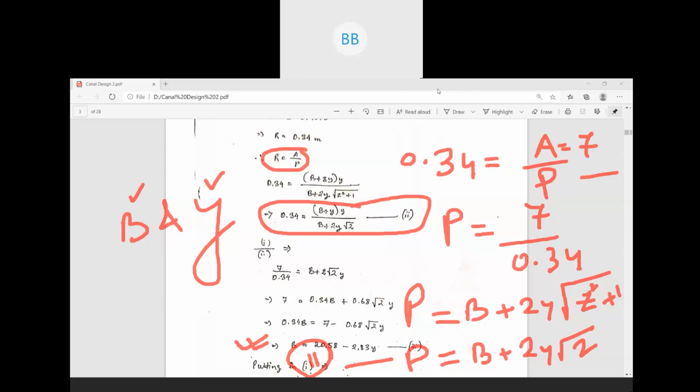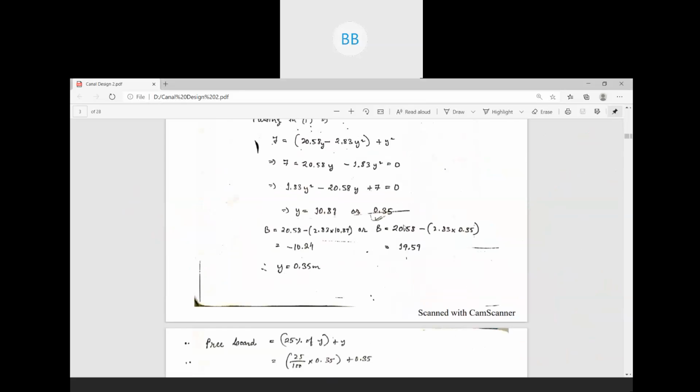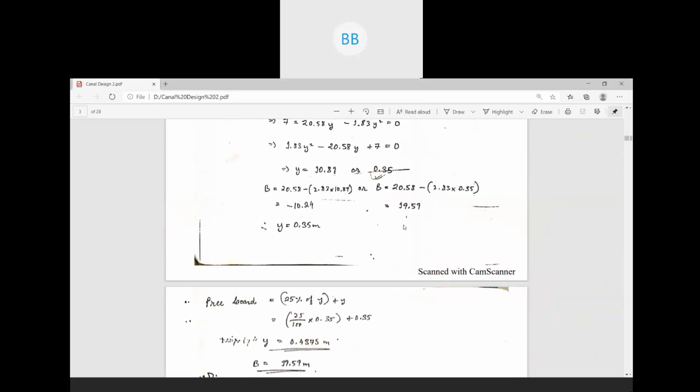How much did you get for the y value? If you solve, then you will be getting two y values. Then for each y value, you have to find out the width of the channel.